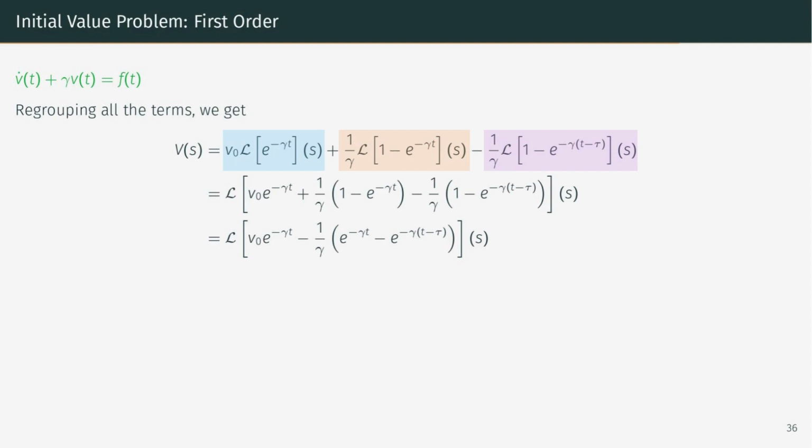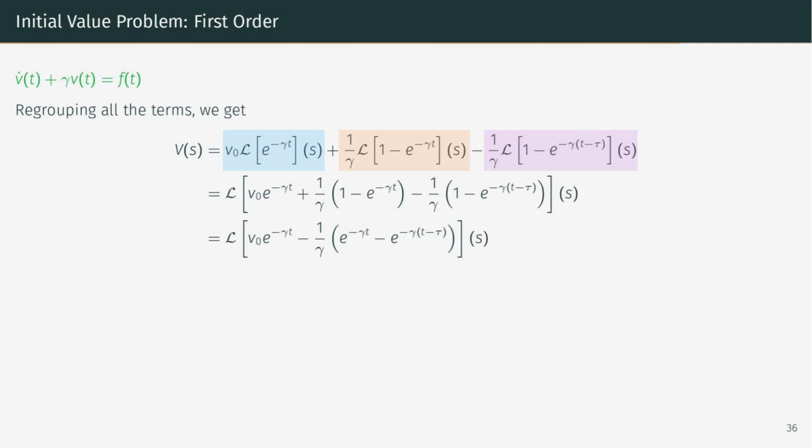We can then write all the parts within the Laplace transform notation, such that V of s equals the Laplace transform of v0 e^(-gamma t) plus 1 over gamma (1 minus e^(-gamma t)) minus 1 over gamma (1 minus e^(-gamma (t minus tau))).